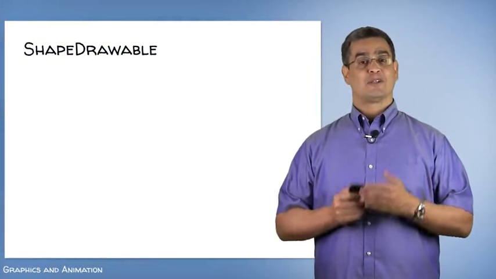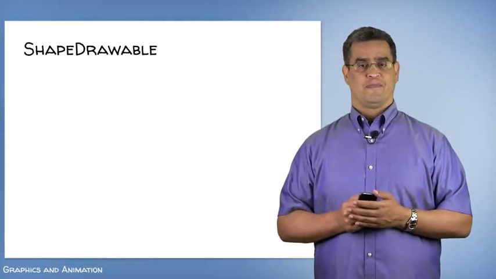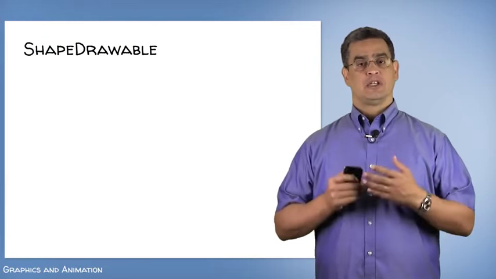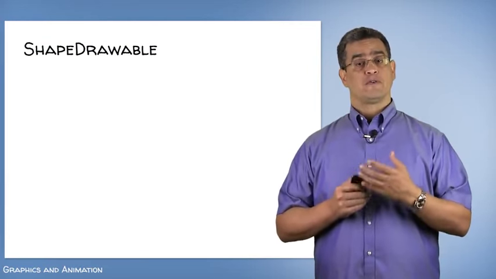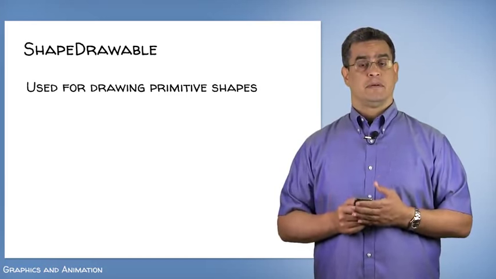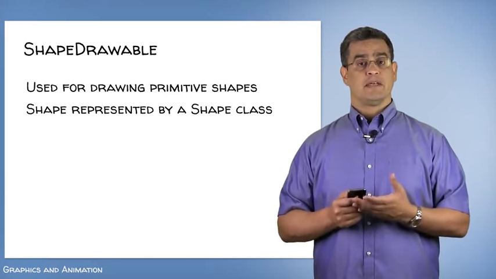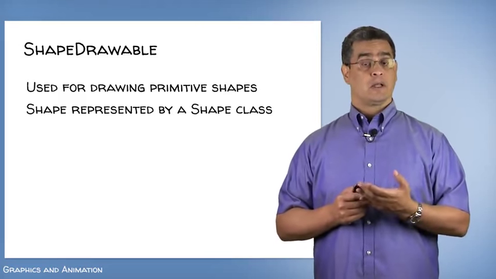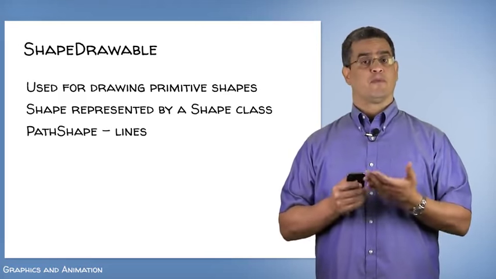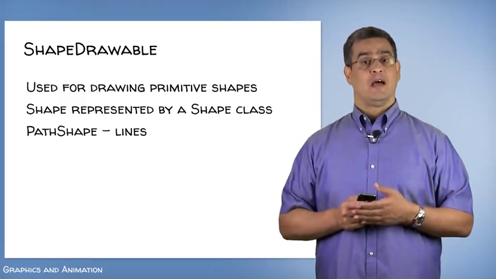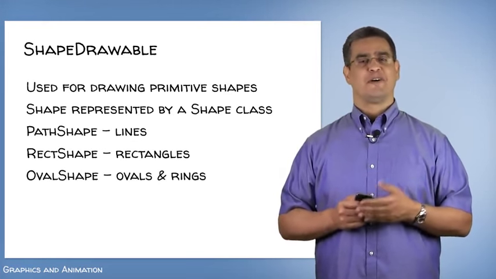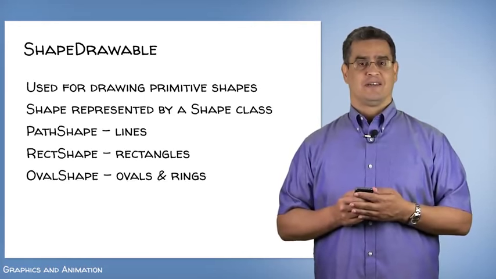So let's talk about some other kinds of drawables. One kind of drawable is the shape drawable. Shape drawables are used for drawing simple shapes. Different shapes are represented by different subclasses of the Shape class, including PathShape for line segments and curves, RectShape for rectangles, and OvalShape for ovals and rings.